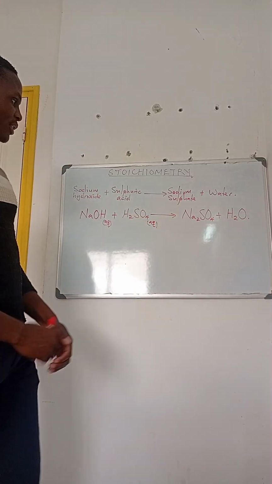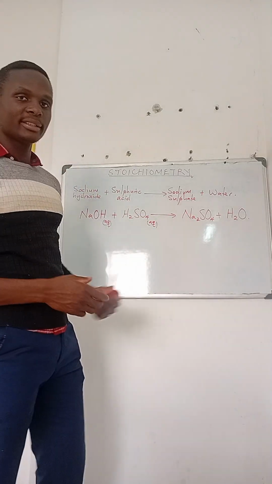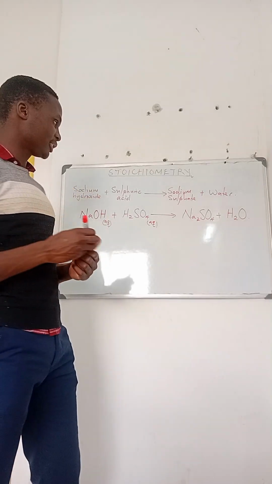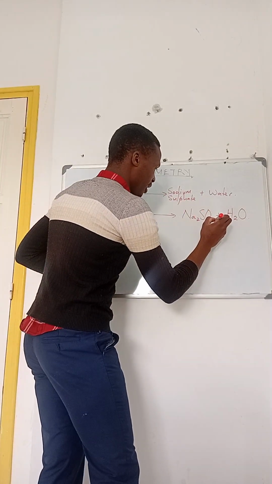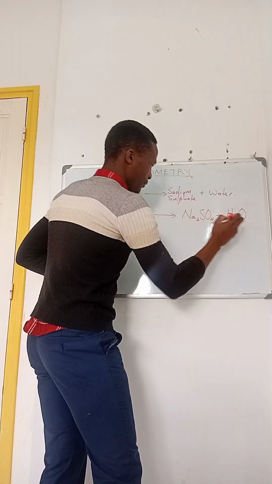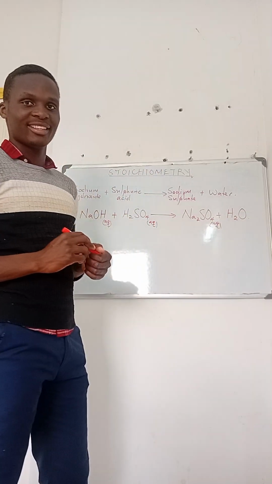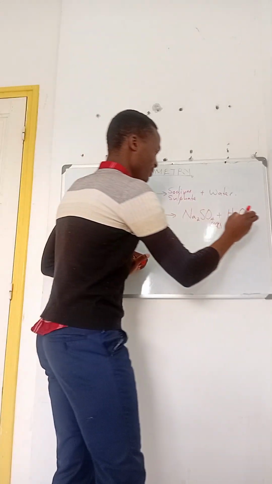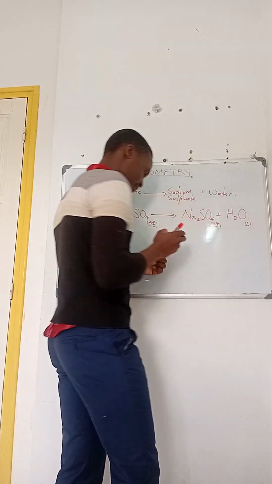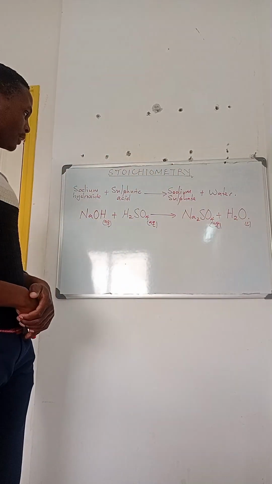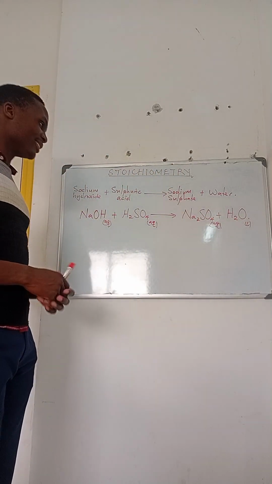For the sodium sulfate, this one is an ionic compound, so it will be aq. Then water is a liquid, so we put a small letter l. But the equation is not balanced.